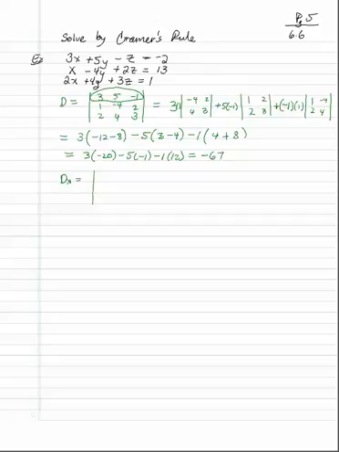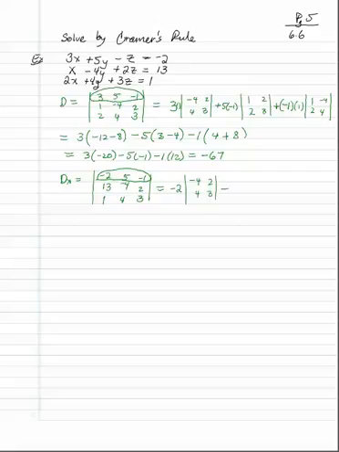So d sub x: I'm going to take the x column out and put in the constants, negative 2, 13, 1. Then leave the other two rows alone: 5, negative 4, 4, negative 1, 2, 3. Again, I'm going to expand by the first row. So it's negative 2, and the minor is negative 4, 4, 2, 3.